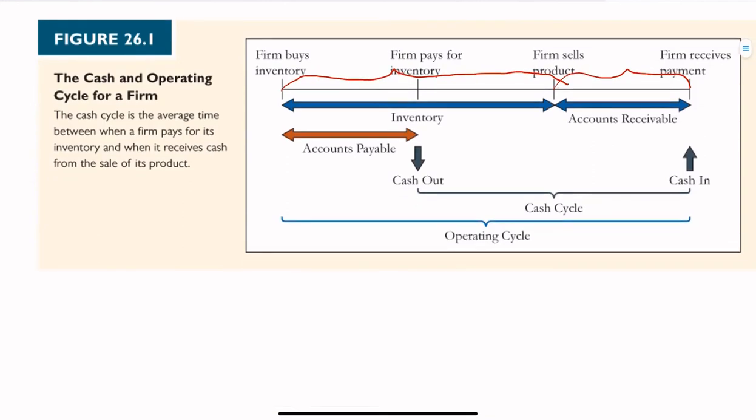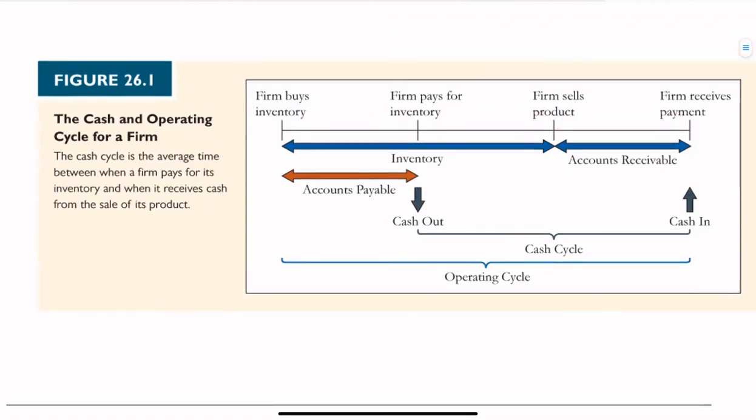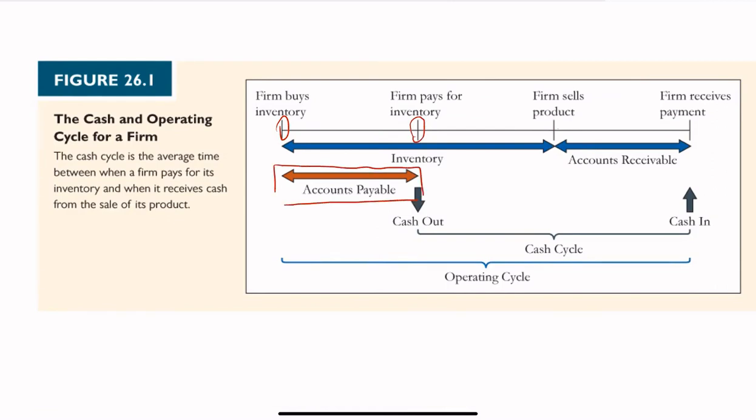And then the difference between when the firm buys inventory and when the firm pays for inventory will give us accounts payable days, right? That is how many days the firm can wait until it pays its supplier. And based on these days, we can define operating cycle, right?